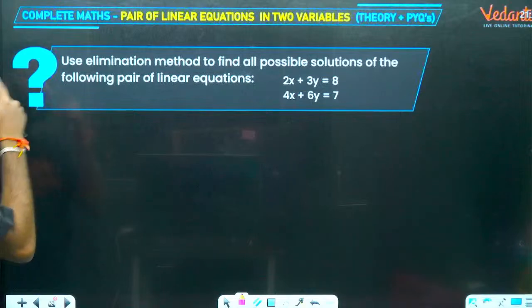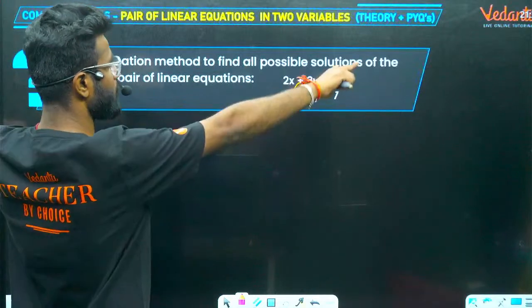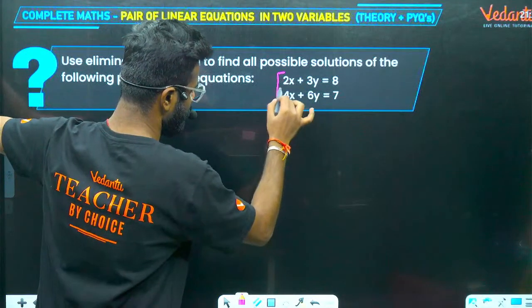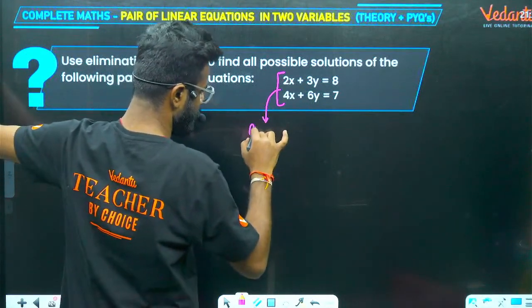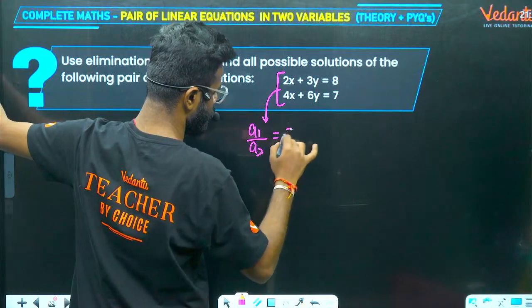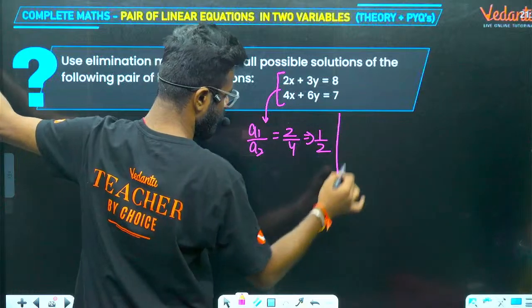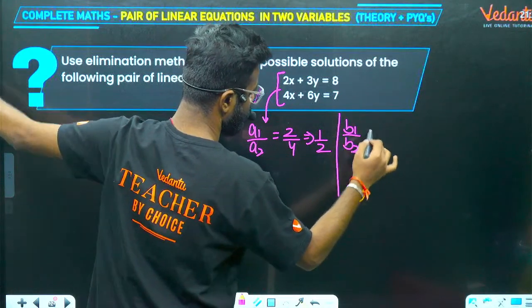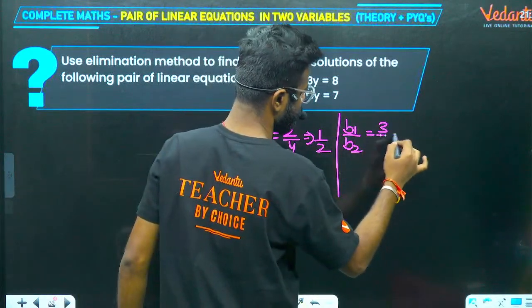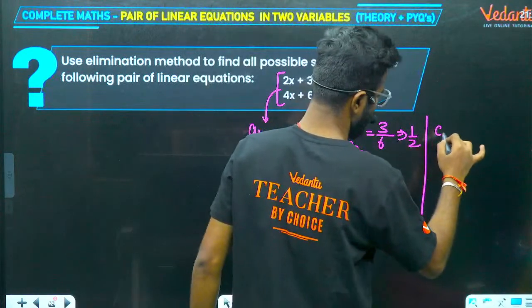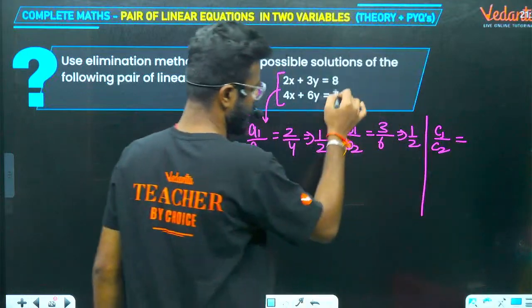Now the next question is, use elimination method to find all possible solutions of the following pair of linear equations. Firstly, we have to check the nature. a1 upon a2 is 2 by 4, which means 1 by 2, and b1 upon b2 is 3 by 6, that is 1 by 2, and c1 upon c2 is 8 upon 7.